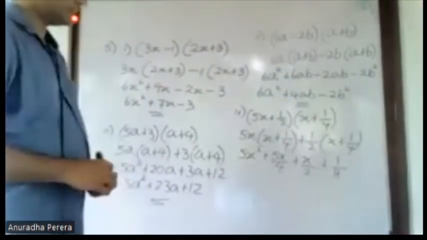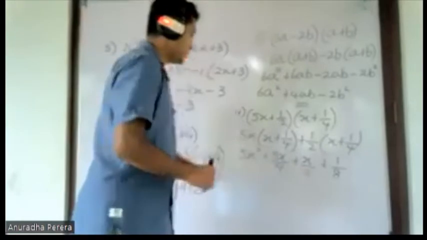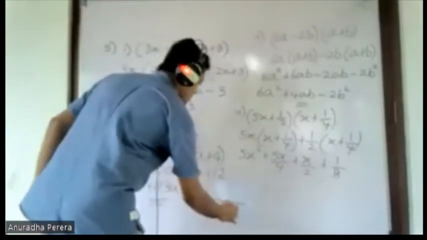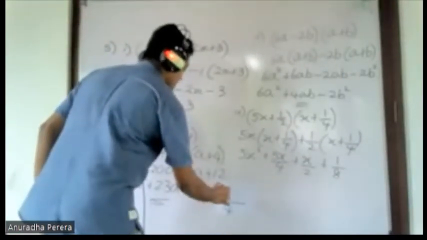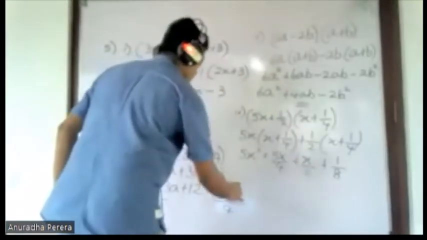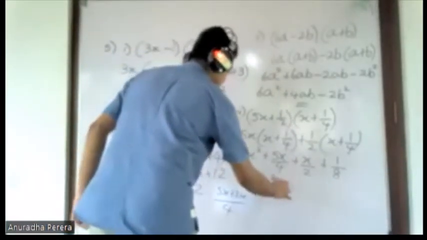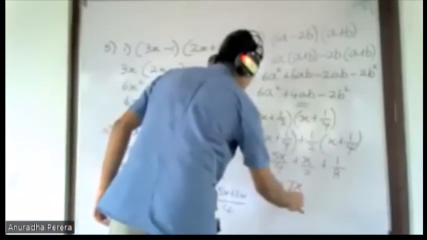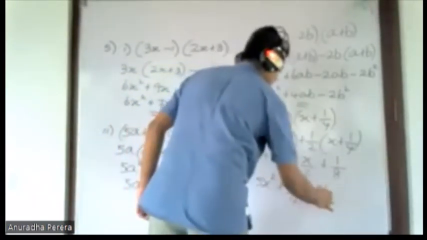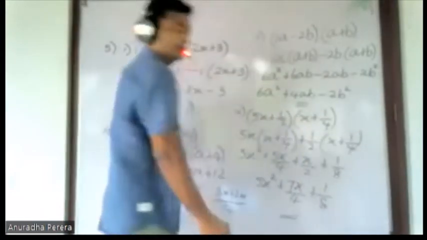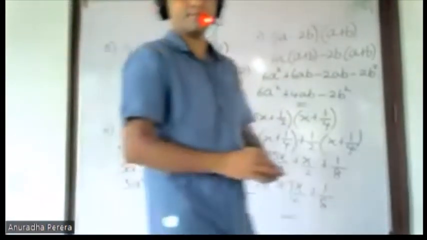You can simplify this. The common denominator is 4. 5x plus 2x. You can write it as 5x squared plus 7x over 4 plus 1 over 8. This is the answer.